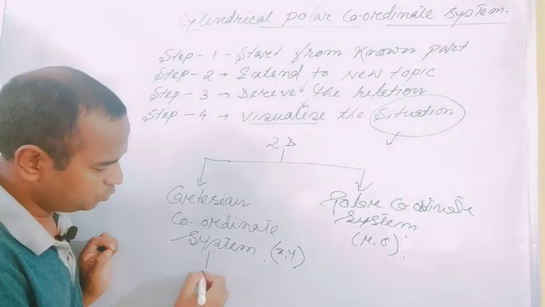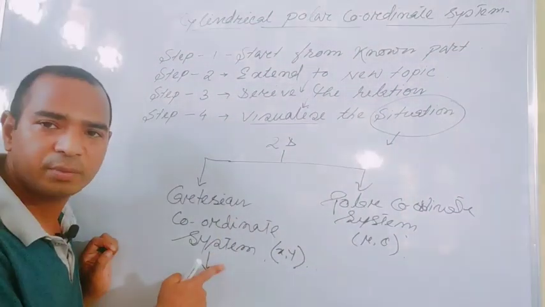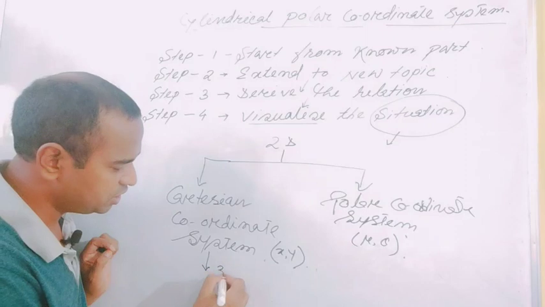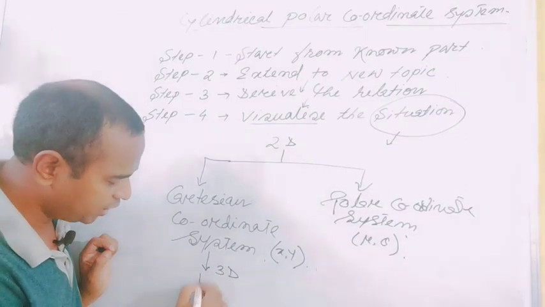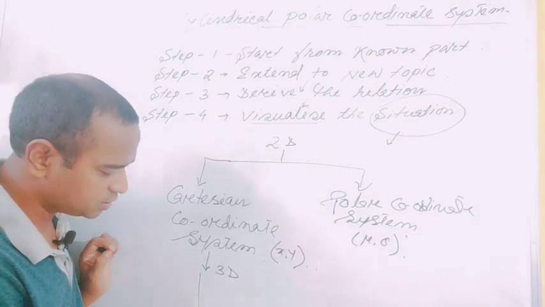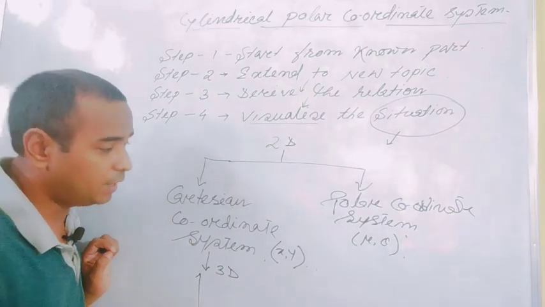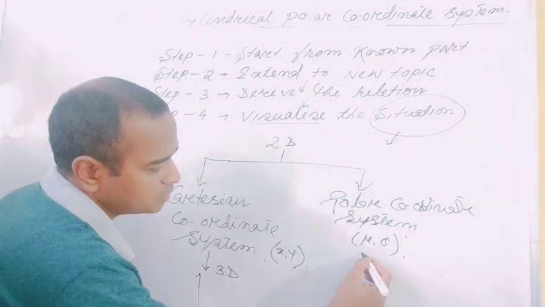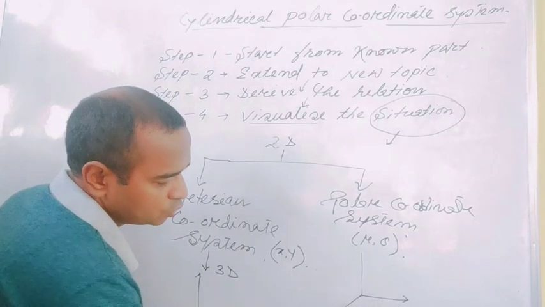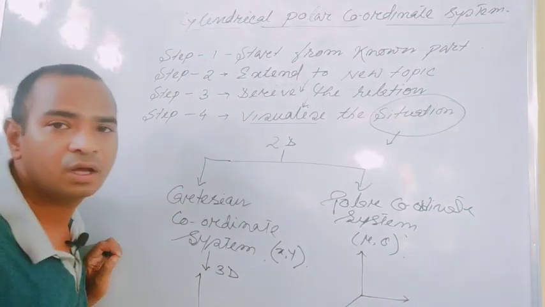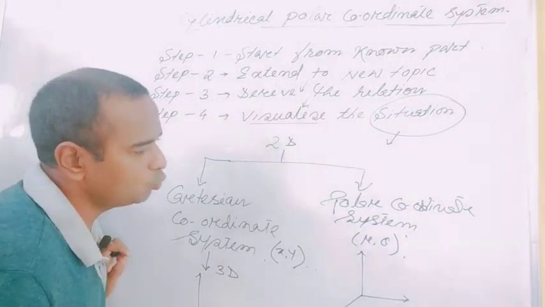Now as you extend this two-dimensional Cartesian coordinate system to 3D, you get the three-dimensional Cartesian coordinate system. And when you extend the polar part to 3D, you get again two parts.